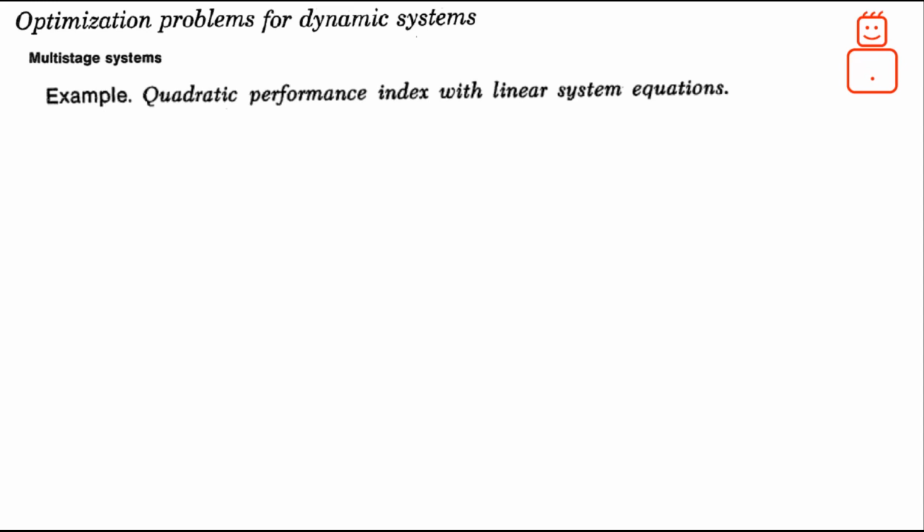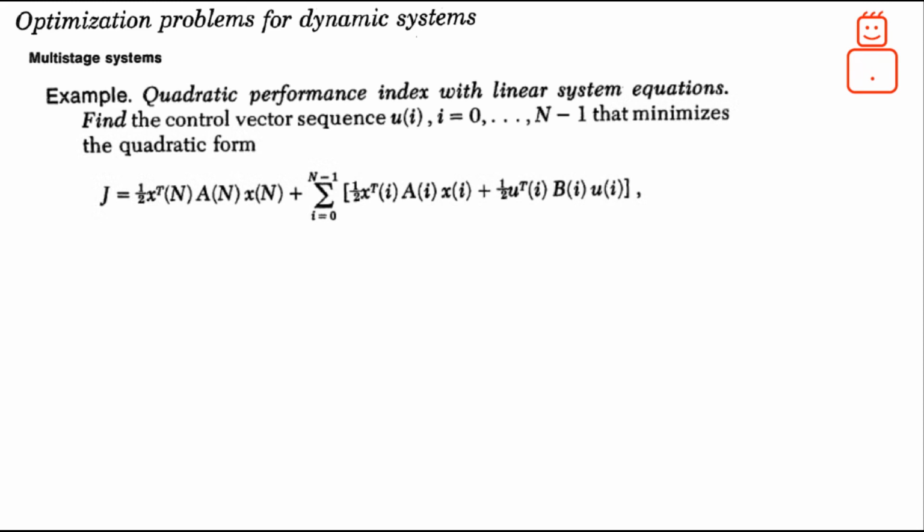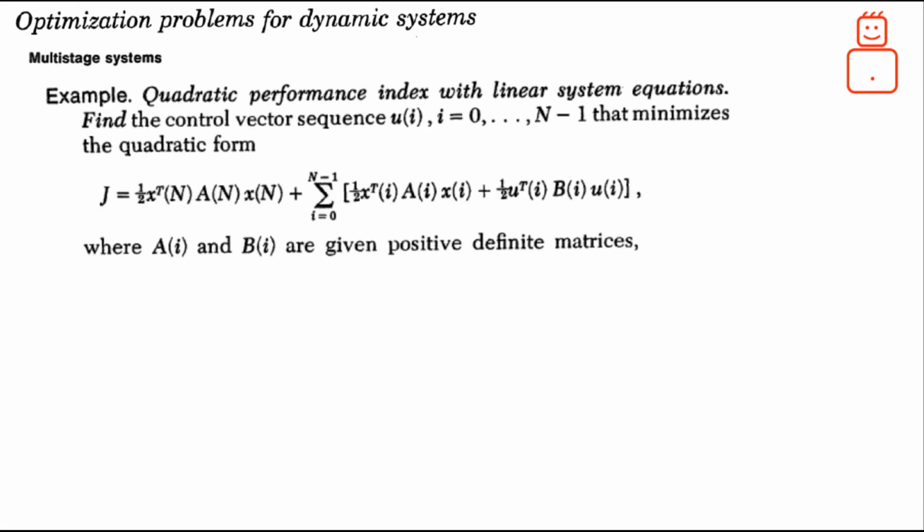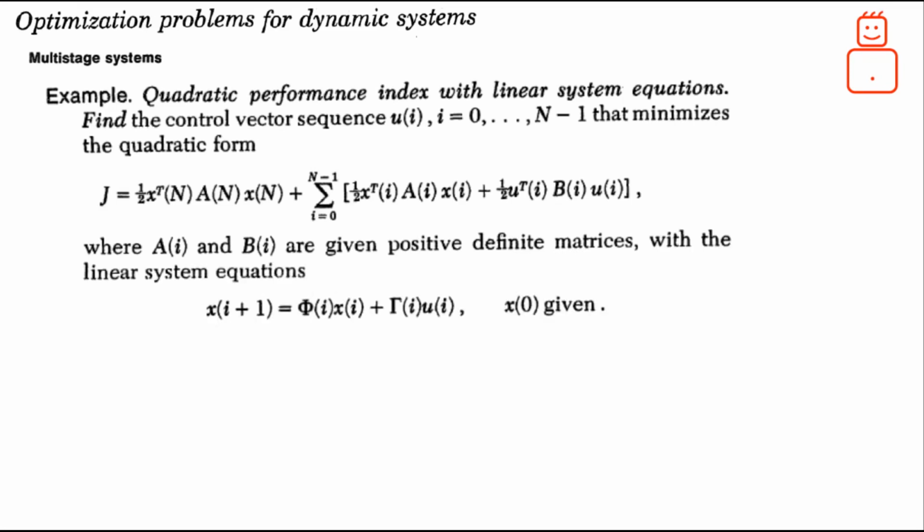So, it is required to find an expression for the optimal control sequence along some horizon n which minimizes the shown quadratic performance index or cost function. In this function, the quantities A of i and B of i are pre-defined positive definite matrices. The linear dynamic of the process is given by the following state space realization where the initial state of the process is known in advance.